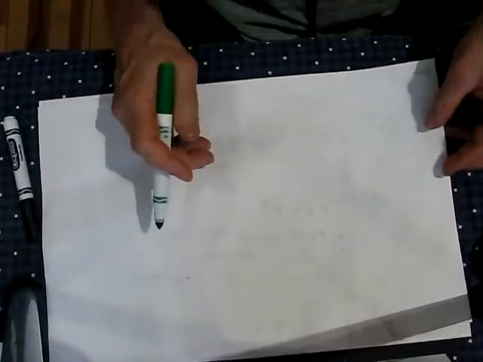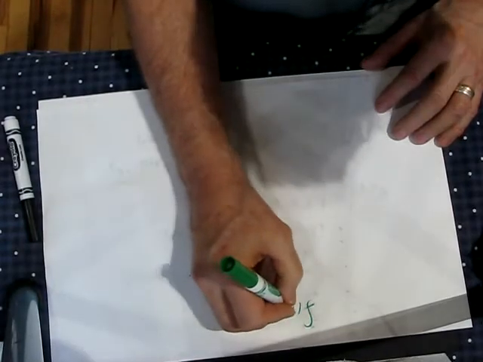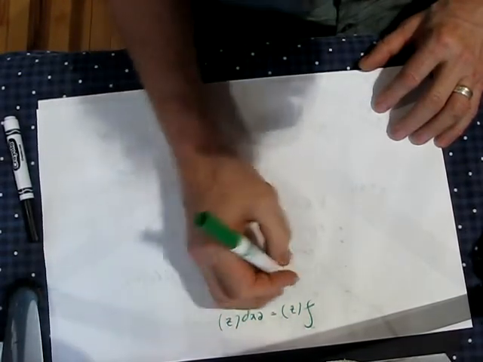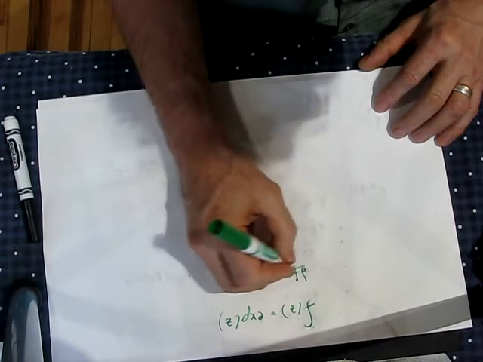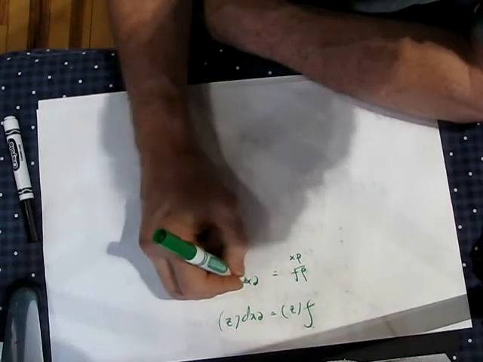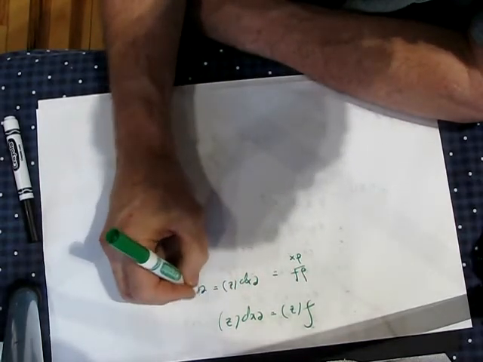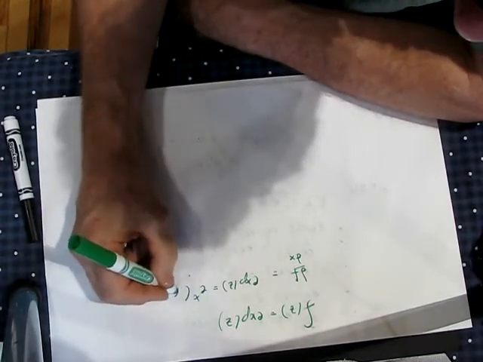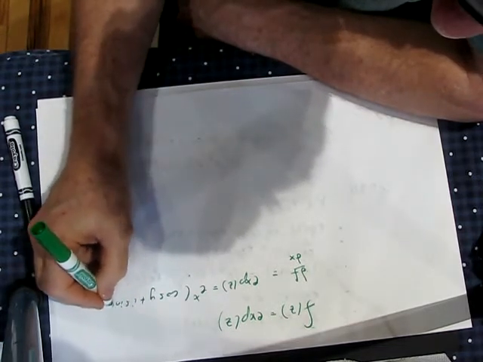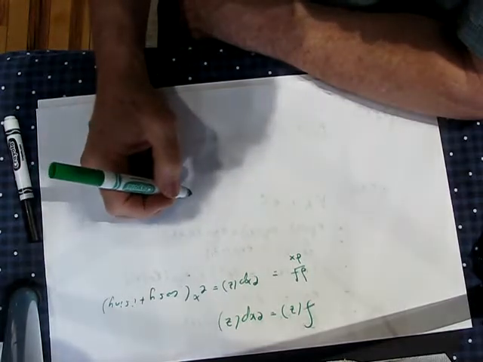So, for example, let's define f of z as exp of z, and let's determine the partial of f with respect to x. Well, exp of z is e to the x times (cosine of y plus i sine of y).